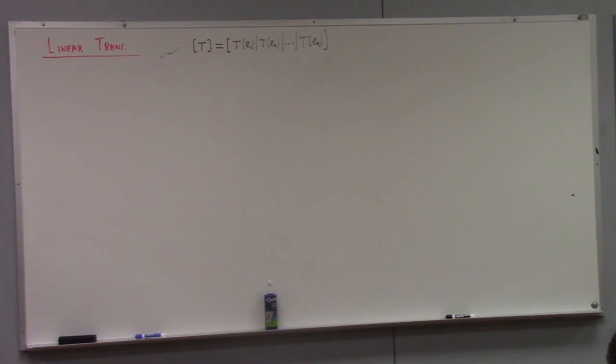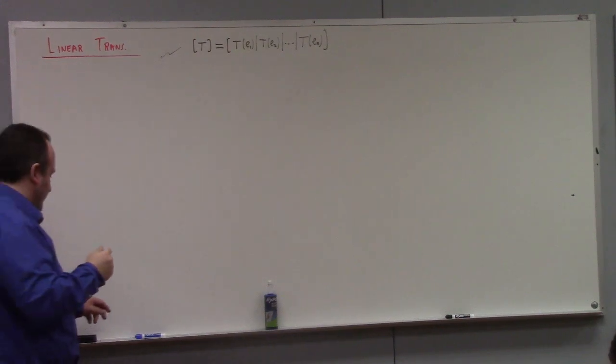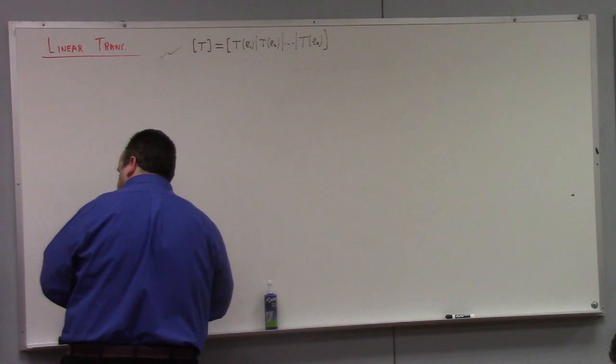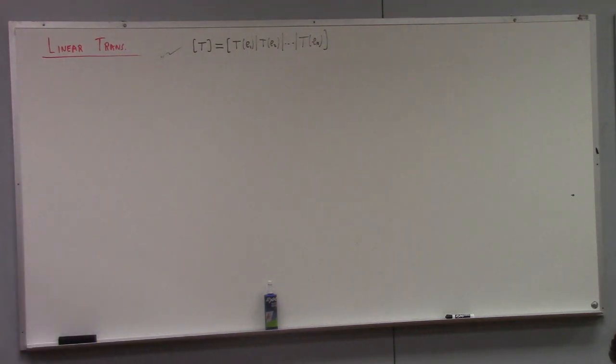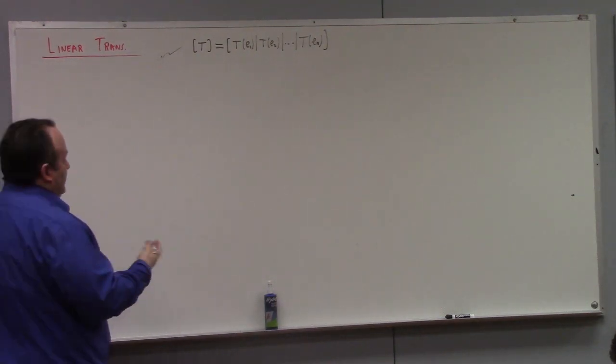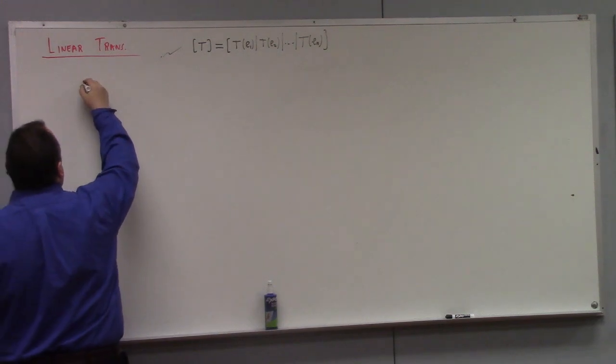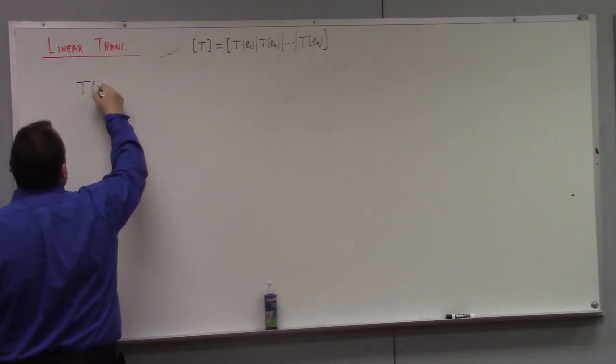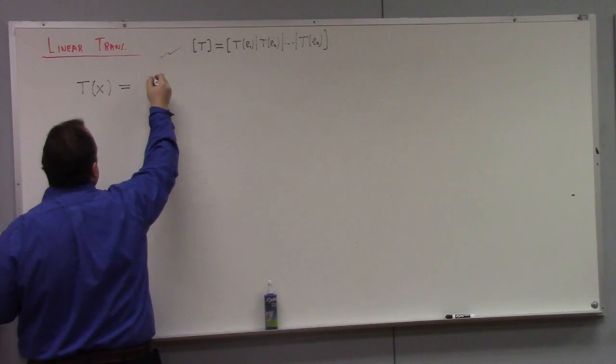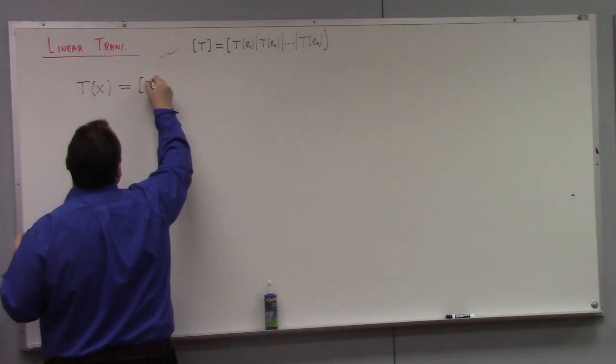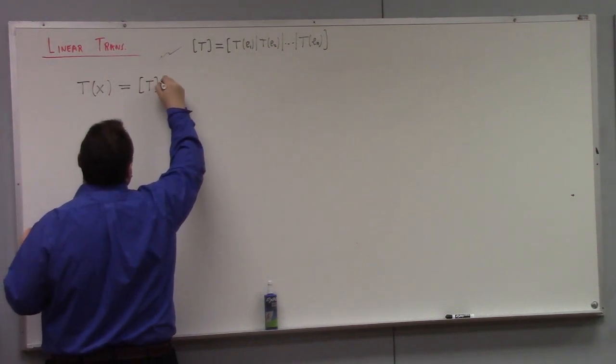All right, let's try that again. I could just write down the formula for you, but I really want to explain where it comes from. So T of X is equal to the matrix of T times X, right?